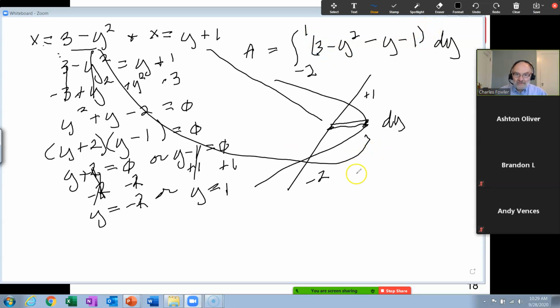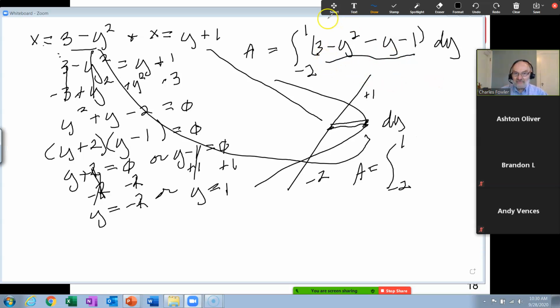Okay, we got a little bit of cleaning up to do, not too much. This is the area, would be the integral from negative 2 to 1. Now, do you care which way, if your integrand is in descending order of the powers, whichever comes first? How would you simplify this integrand here?